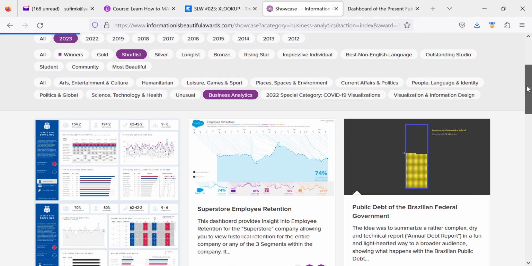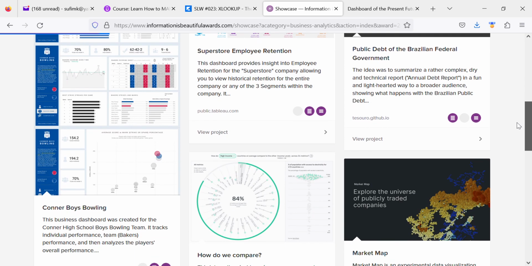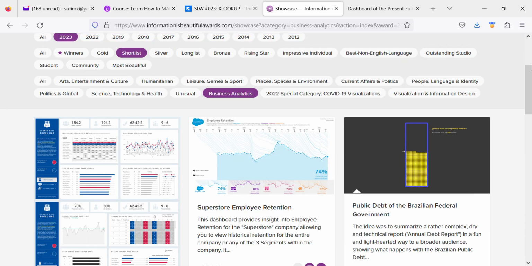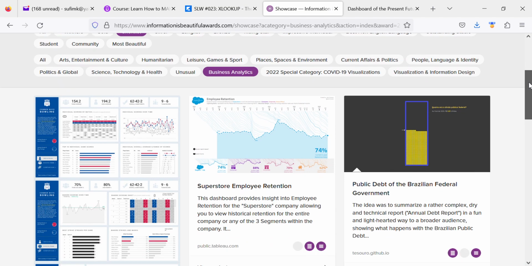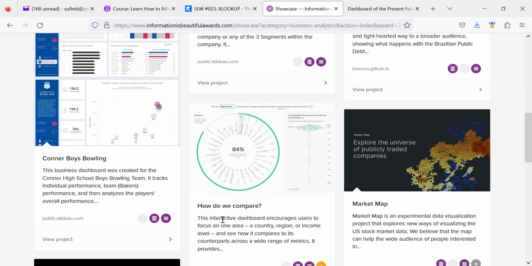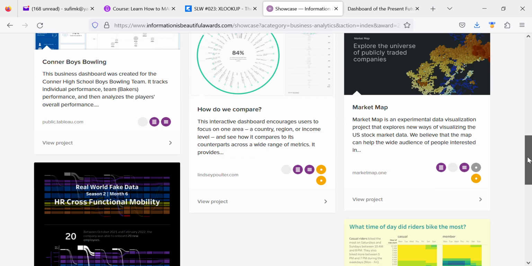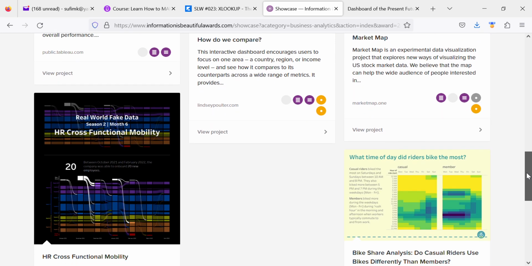Here is the short list: Corner Boys Bowling, Superstore Employee Retention, public debt of the Brazilian federal government, how do we compare, and market map, and so on.